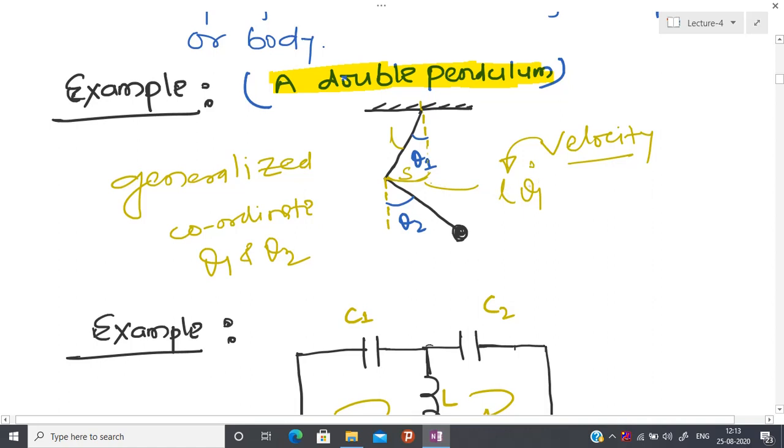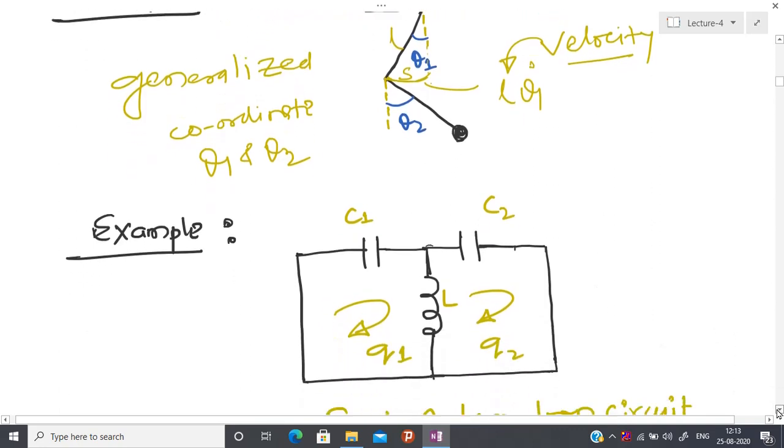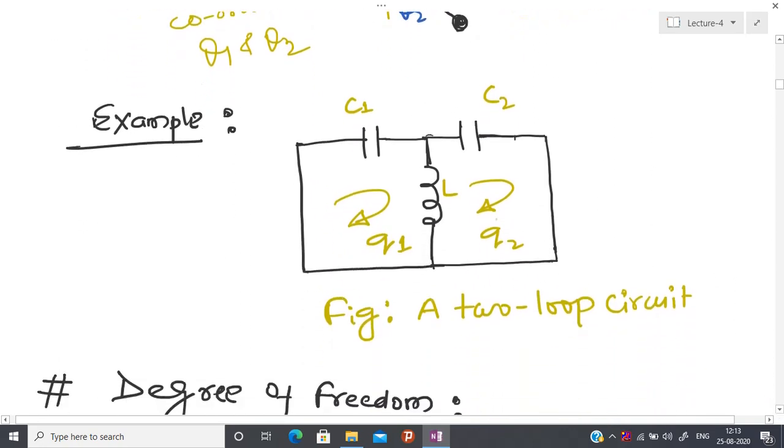In this way we are defining the generalized velocity also. Similarly, for this electrical system I can choose the generalized coordinate system, and here you can see that the charges q1 and q2 are the generalized coordinates for this particular circuit, and obviously we are all aware that dq by dt is nothing but the current, so current serves as the velocity.